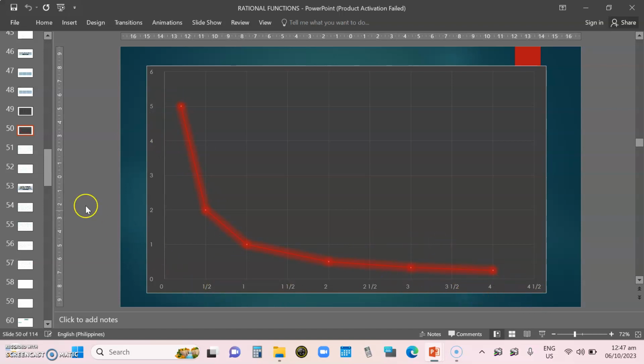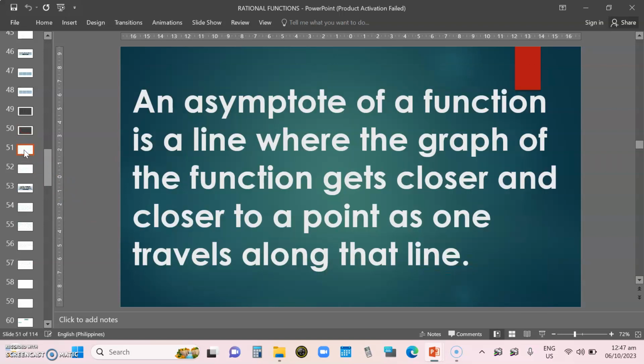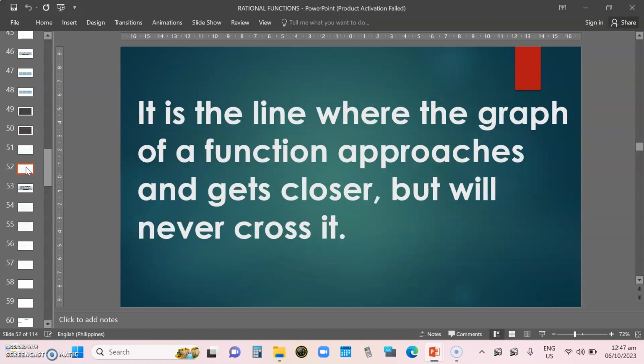There is what we call an asymptote. An asymptote of a function is a line that the graph of the function gets closer and closer to as one travels along that line. It is a line where the graph of a function approaches and gets closer, but it will never cross it.